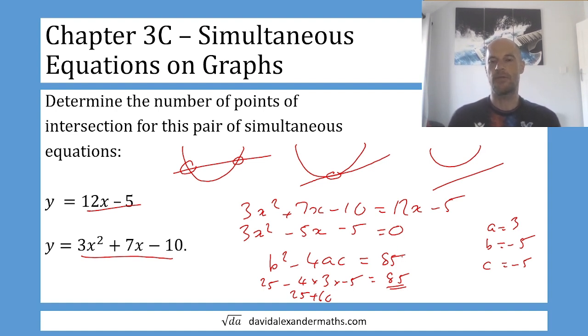The number's not magical. The fact is it is positive. So since the discriminant is greater than 0, that means we are getting 2 points of intersection. If b squared minus 4ac was negative, we would have no solutions at all, and if it was exactly 0, then we would have just one solution.